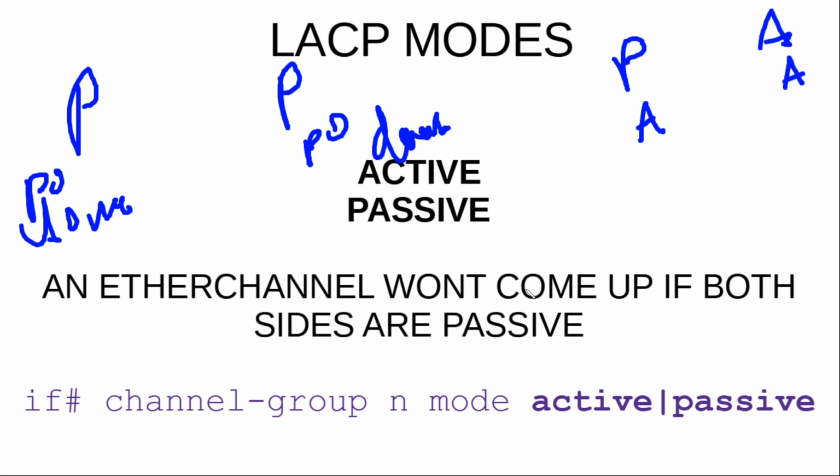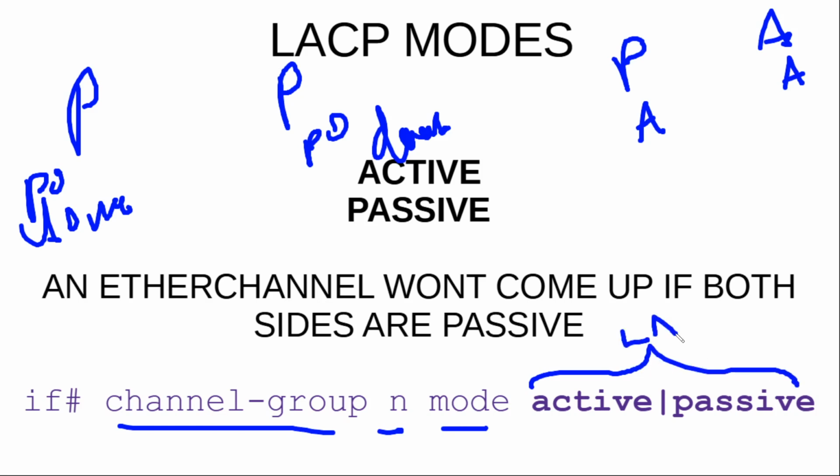In order to configure LACP, use channel-group, the number, and then the mode. Active or passive will indicate LACP. Remember, you do not choose LACP with a command like enable LACP or something like that. When you use channel-group with these parameters, you will be choosing to use LACP.